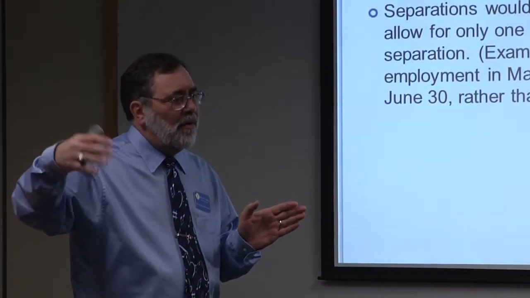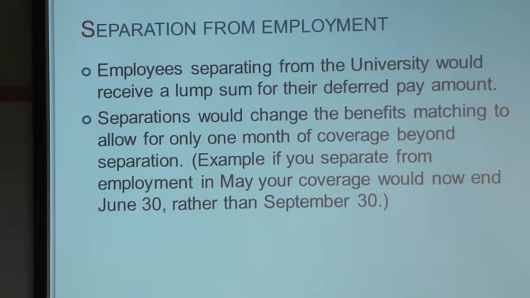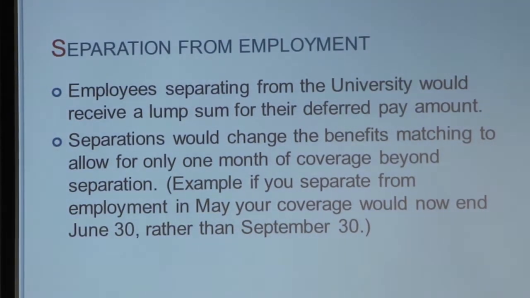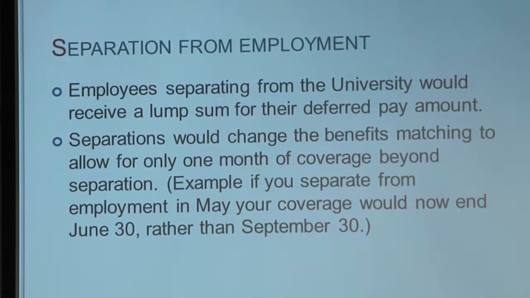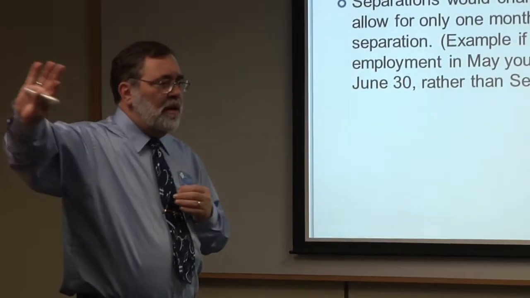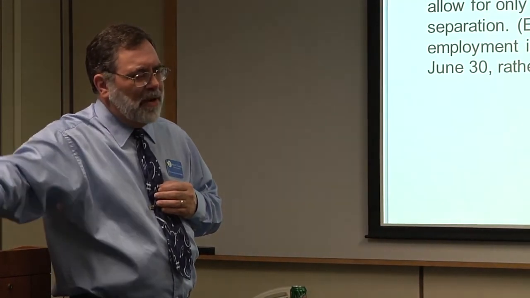You are not going to get employer matching for coverage going beyond, but it always extends to the month after you leave. So if you leave in the month of April, you can have coverage through the end of May, and then it's over. You will be offered COBRA coverage, but that's very expensive, and it happens outside. It's a separate issue.